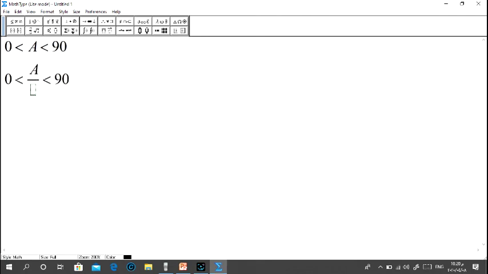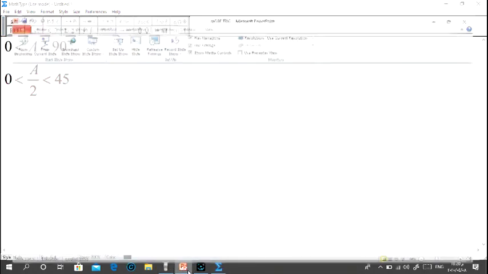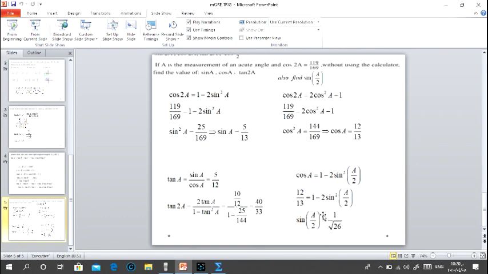So A over 2 will lie between 0 and 45, and of course this is still in the first quadrant. Do you understand? A over 2 will still be in the first quadrant because it lies between 0 and 45. So it will be positive. When I say positive or negative, no, it will still be positive.